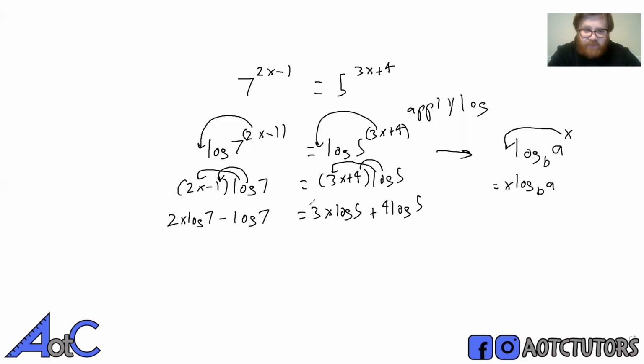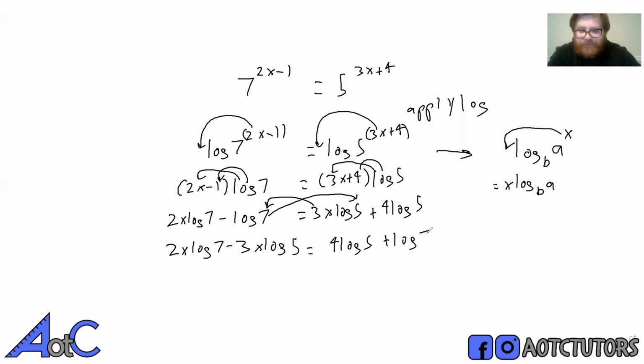So I'm going to drag this 3x log 5 term to the left and this minus log 7 to the right with opposite operations. That's going to get me 2x log 7 minus 3x log 5 equals 4 log 5 plus log 7.